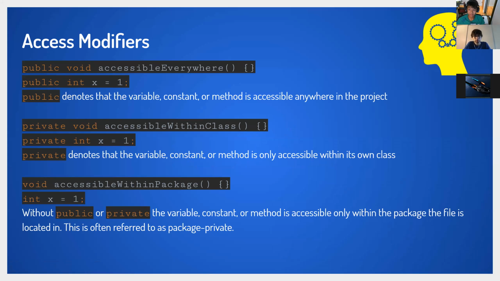This would typically be a variable that's defined not within any method, because those would be within only the scope of the method, but within the scope of the entire class. And then if you omit the modifier, it's considered package private, which means it's only visible within its own package. Greedy, I think that's effectively the same thing as protected, right?